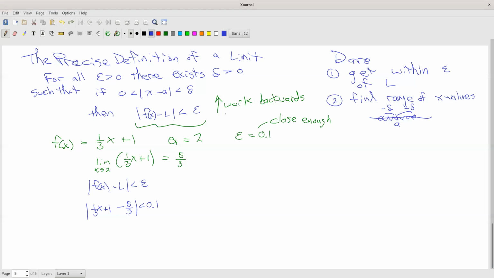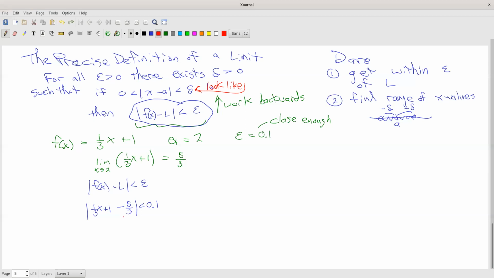And then my work backwards is to make this thing right here look, let's use a different color, look like that thing right there. So instead of an f of x minus L, I want it to look like x minus A. So all I have to do is just do a little algebra on this.